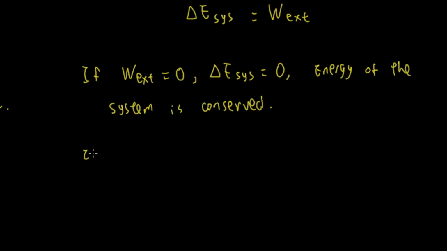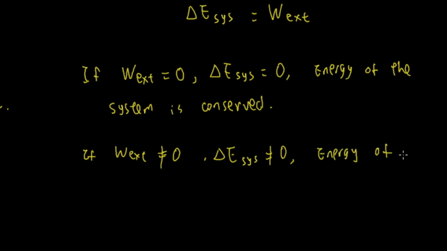However, if the work done by the external force is not equal to zero, then the change in the energy of the system is also not equal to zero. Then the energy of the system is not conserved.